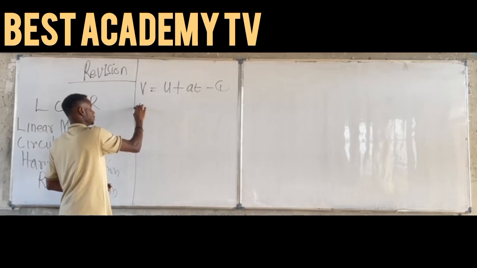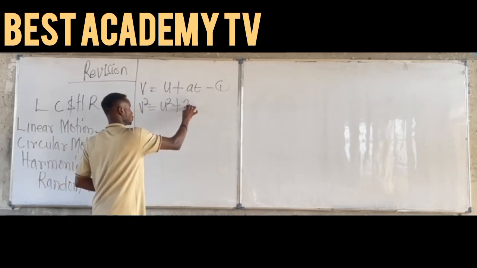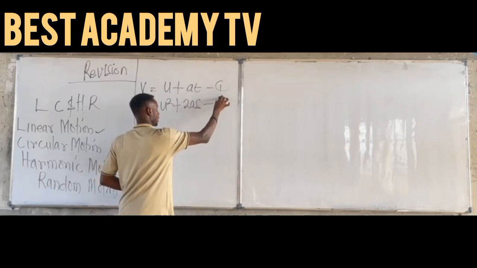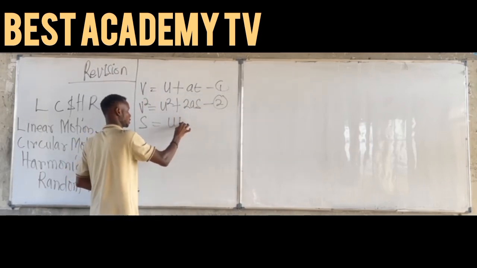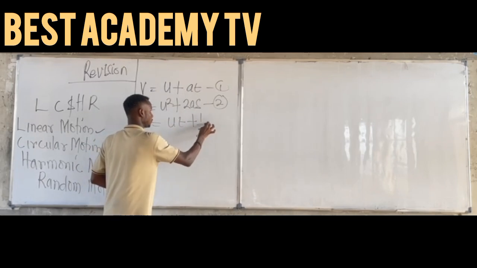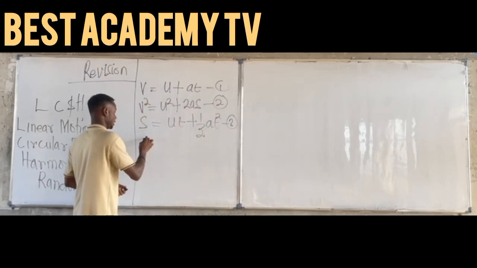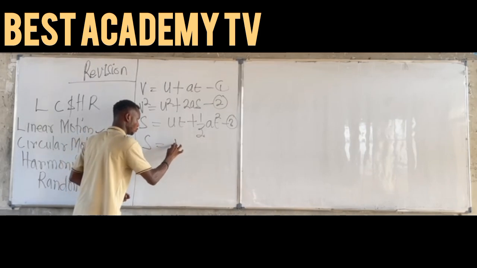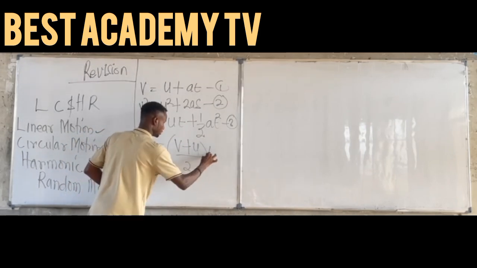The second one here is v squared = u squared + 2as. The third one here is x = ut + half at squared. The last one here is x = ((v + u)/2) times t.